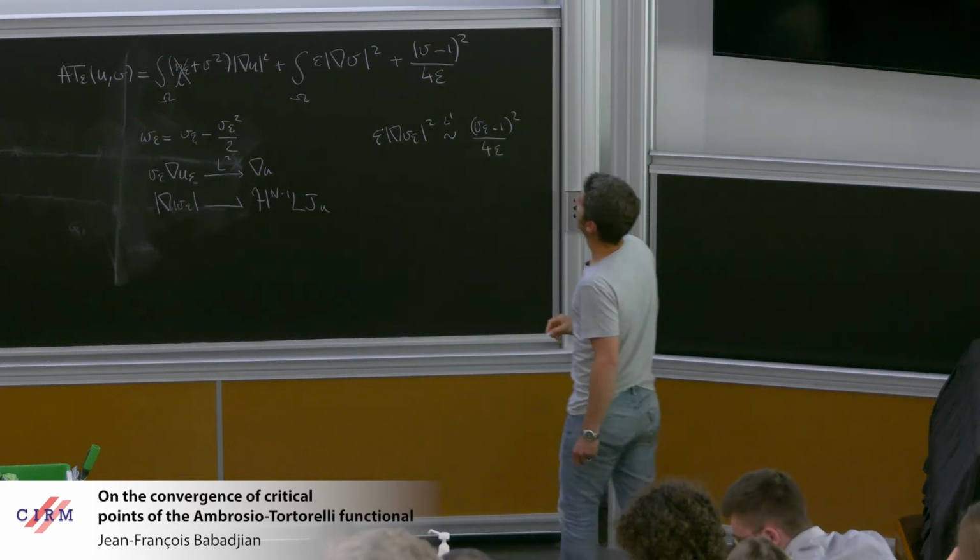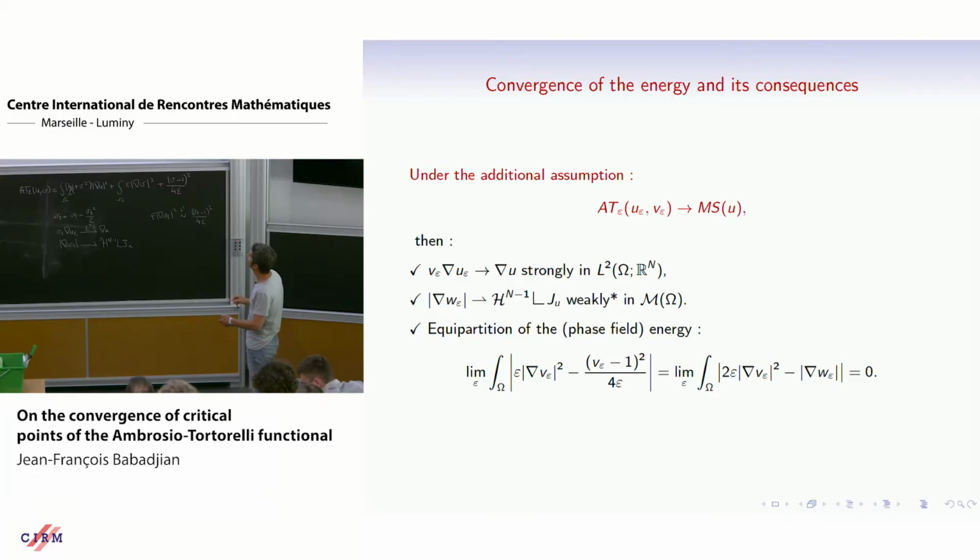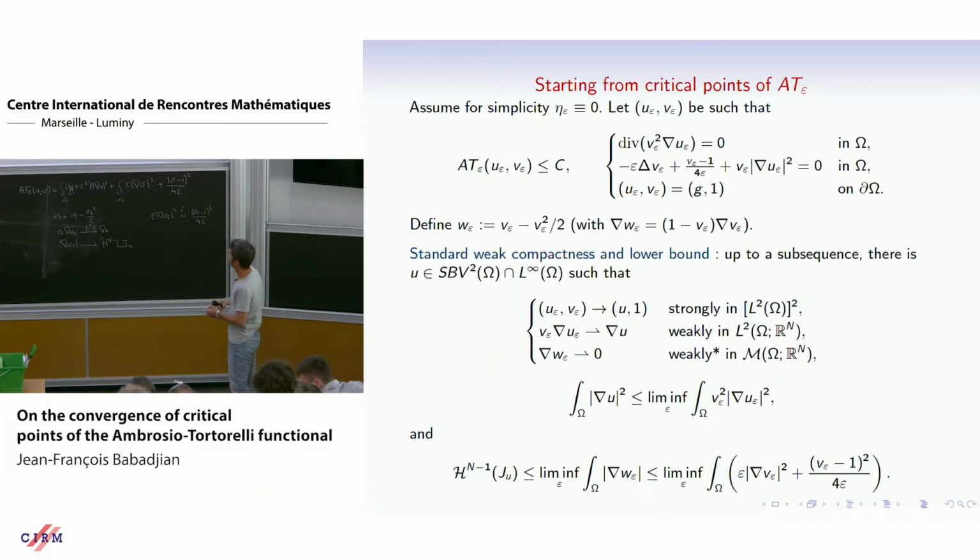Okay? This is because if you go back to this lower bound inequality, when you assume the convergence of the energy, it tells you that all the inequalities that you have here are equalities. So in the basic inequality a squared plus b squared larger than 2ab, it tells you that a should be equal to b. So this is what I'm saying here.